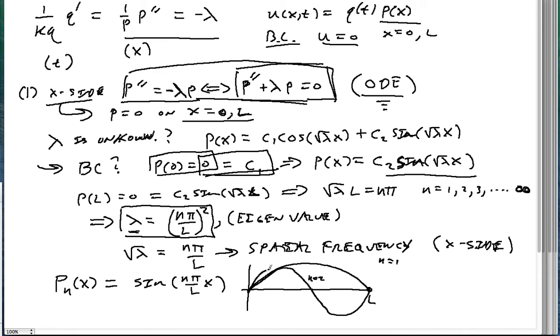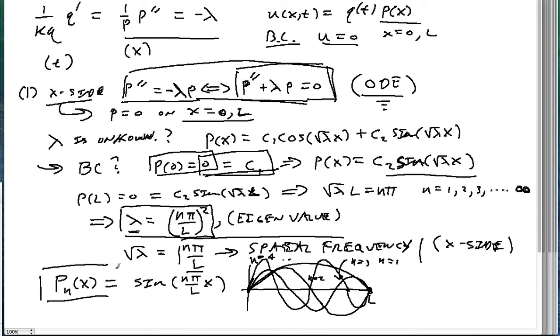Then n equals 3 goes like this, and we could keep doing this; that's n equal to 4, and so on. The spatial frequency keeps going up. Every time we go up in n, the function gets a little more wiggly, more high frequency, with more oscillations in it. So there's a whole family of Pn's that solve this.